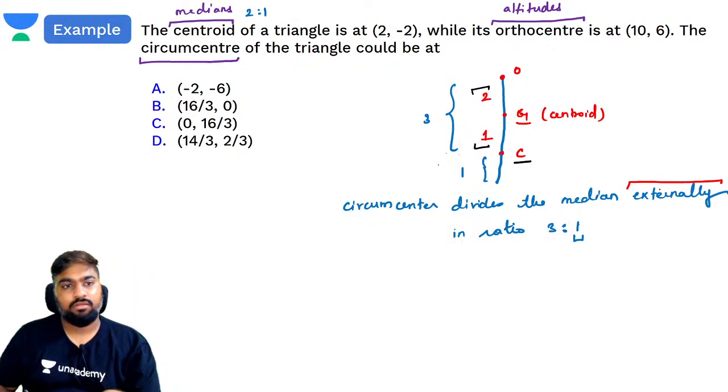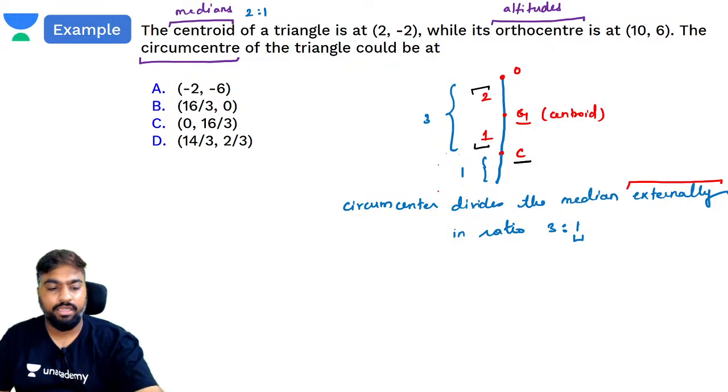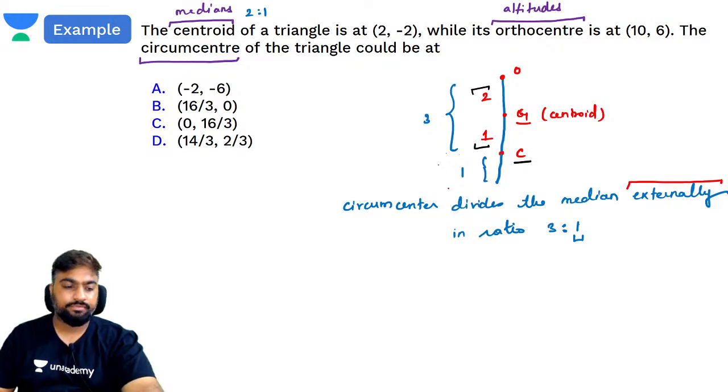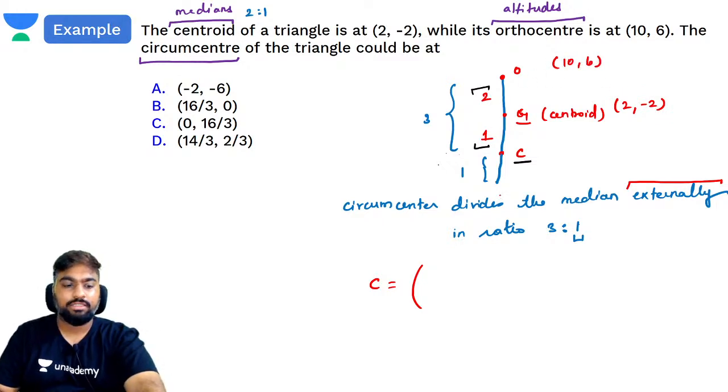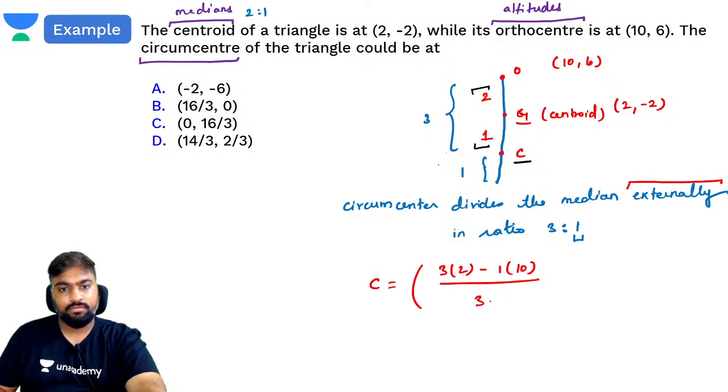सो इसका क्या होगा फिर? आर सर्कम सेंटर का पॉइंट क्या हो जाएगा फिर? कोऑर्डिनेट ऑफ सर्कम सेंटर, कोऑर्डिनेट ऑफ सी विल बी व्हाट? एक्स कोऑर्डिनेट विल बिकम, हियर 3 पाथ्स इंटू 2 है ना ये. सेंट्रॉइड इज 2, 2, -2. ऑर्थो सेंटर इज 10, 6. इसको इस रेशियो में स्प्लिट कर रहा है, राइट? सो 3 पार्ट्स विथ 2, 3 into 2 minus 1 parts with this 10, 1 into 10 by 3 minus 1.